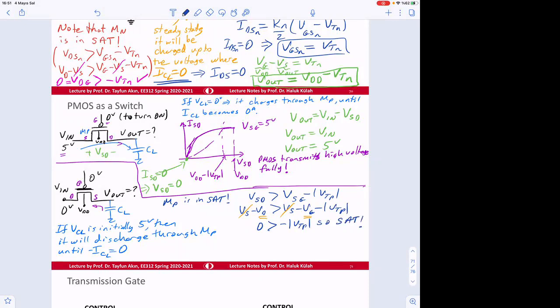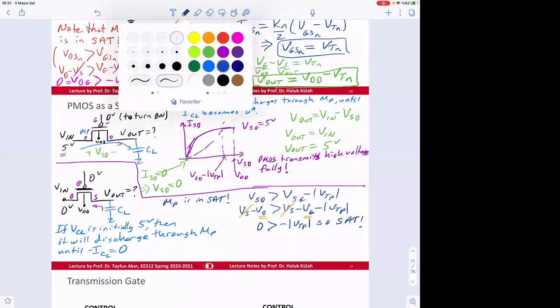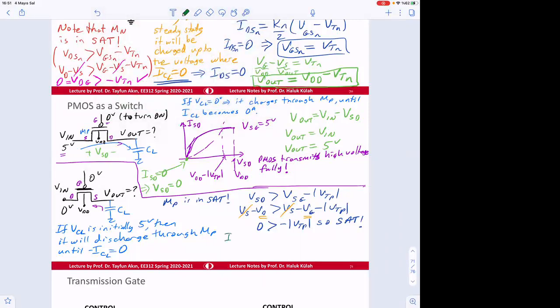So if it is SAT, then the equation that we need to consider is I source to drain of P, which is equal to, it should be 0. It should be equal to Kp divided by 2 times V source to gate minus VTP squared. So if that's the case, then V source to gate should be equal to VTP. So what is V source? V source is 0.